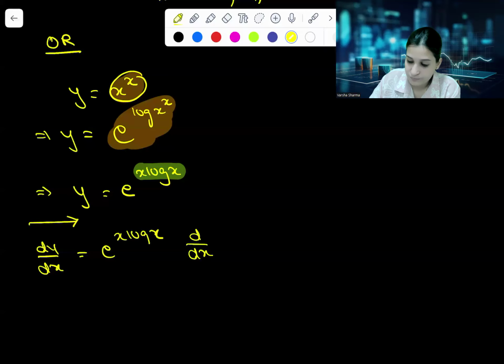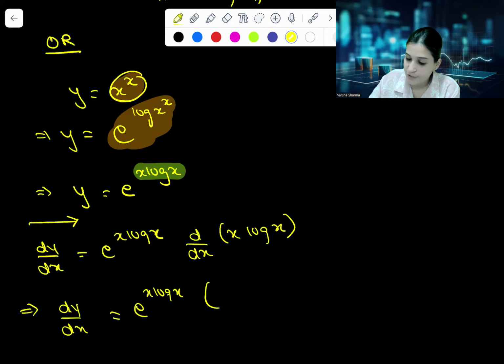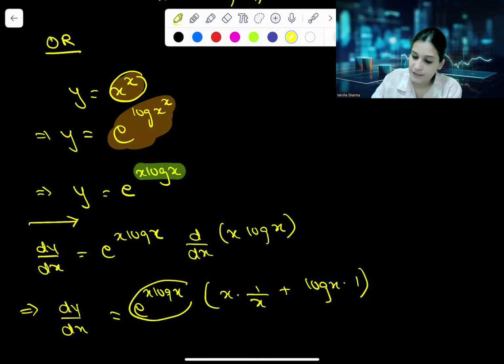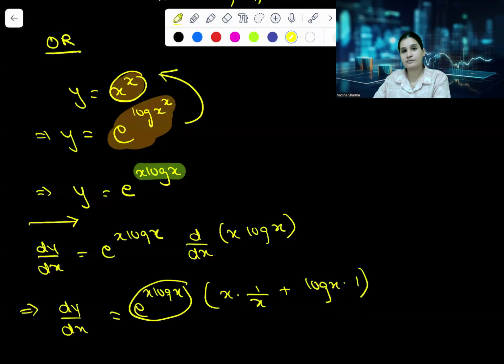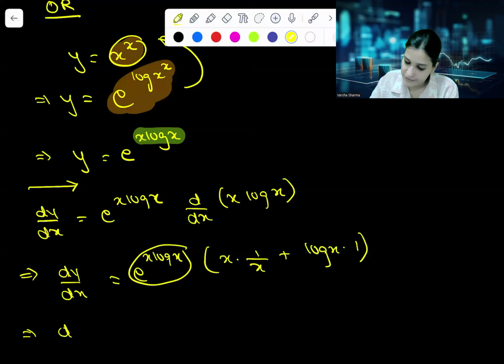Then chain rule. So dy by dx equals e power x log x. Product rule: leaving x, log x becomes 1 by x; leaving log x becomes 1. Now this term can again be written as x power x. They were the same. So dy by dx is equal to x power x into 1 plus log x.